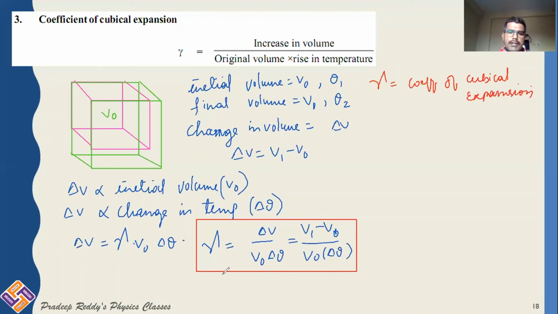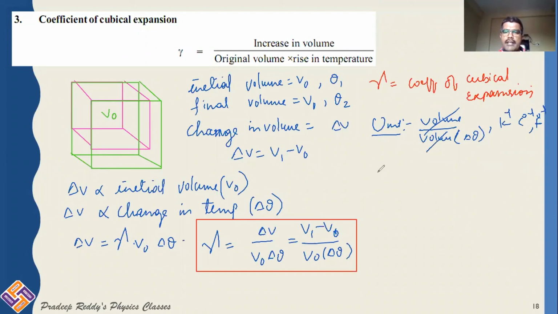The unit of gamma is volume by volume into change in temperature. This and this get cancelled. So the unit can be Kelvin inverse or degree Celsius inverse or Fahrenheit degree inverse. That is the unit of the coefficient of cubical expansion.